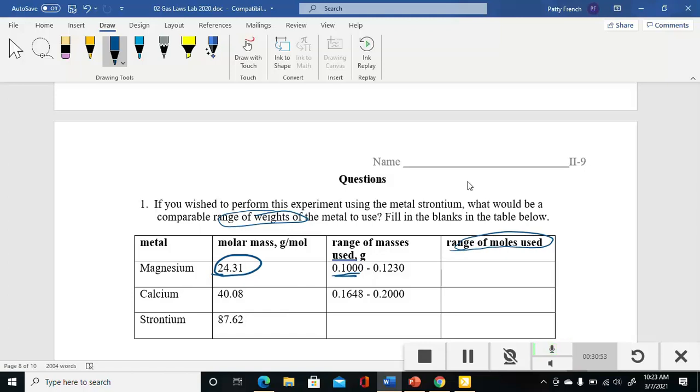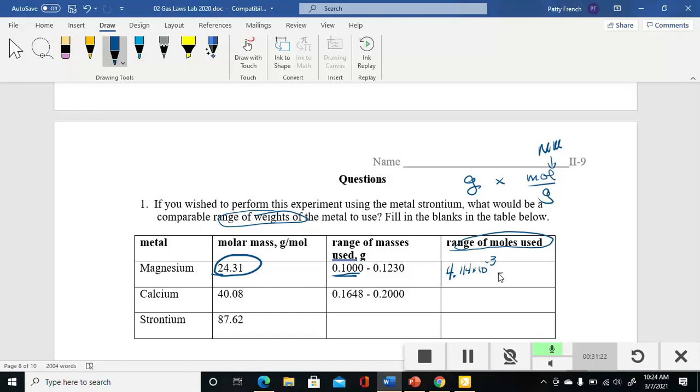So we're using grams times the mole over grams from the molar mass. So 0.1 divided by 24.31 gave us 4.114 times 10 to the minus third.